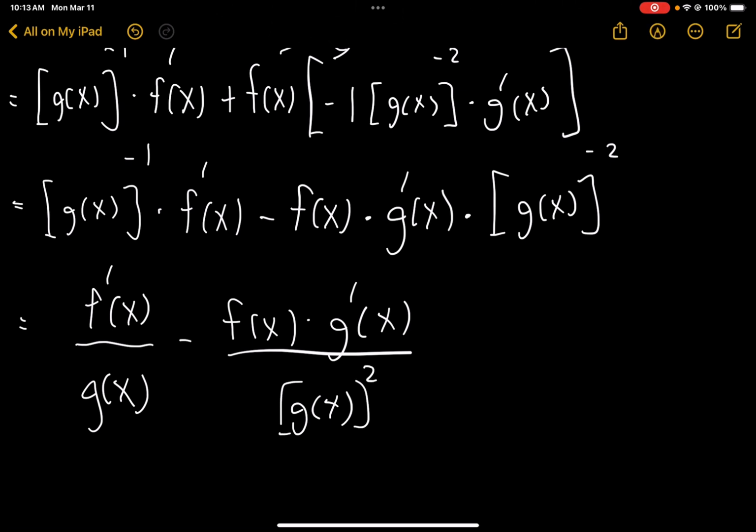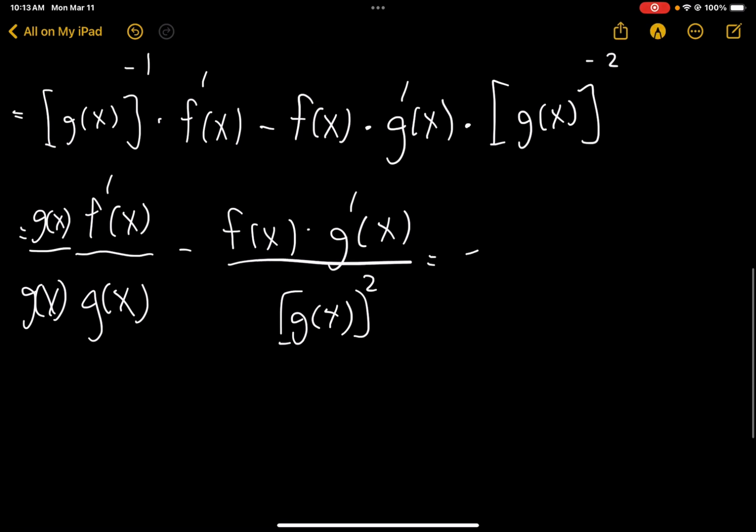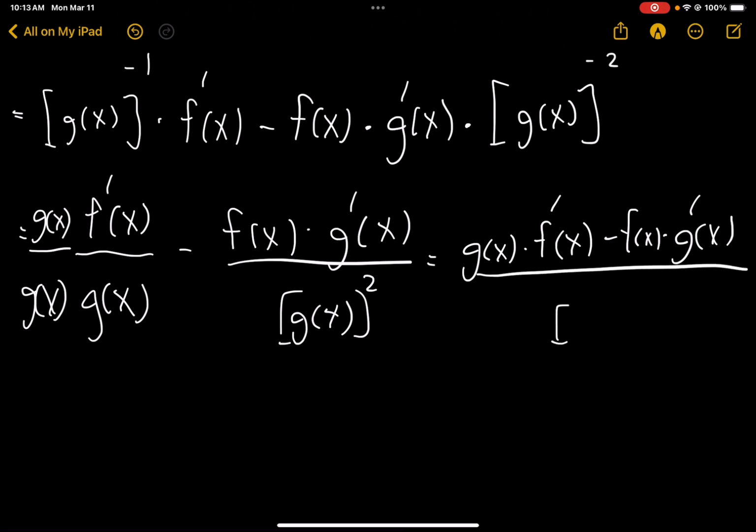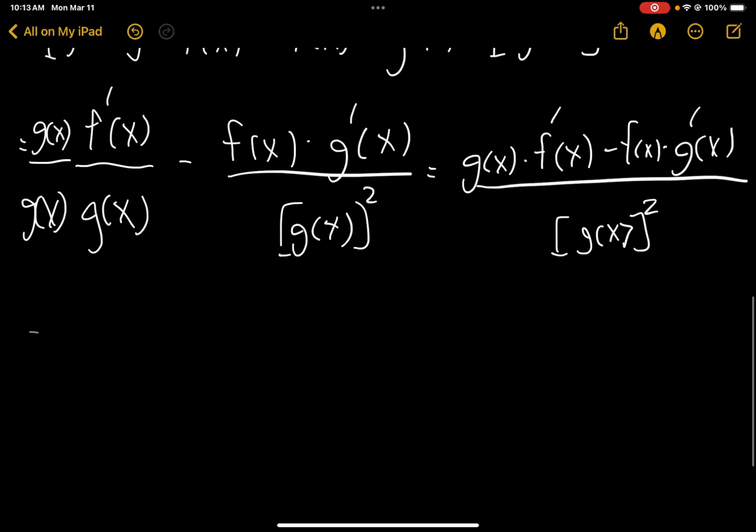And here we could just get a common denominator, so we can multiply this one side by g of x to get a common denominator. So you have g of x times f prime of x minus f of x times g prime of x all over g of x squared, and that is equal to the derivative of f of x over g of x.